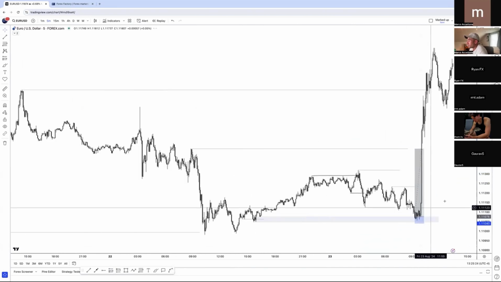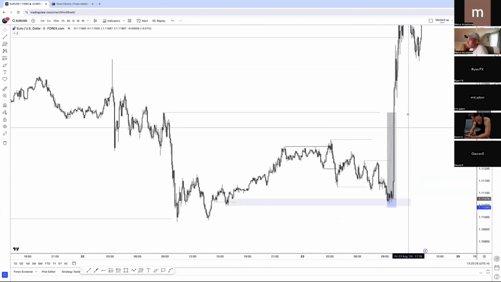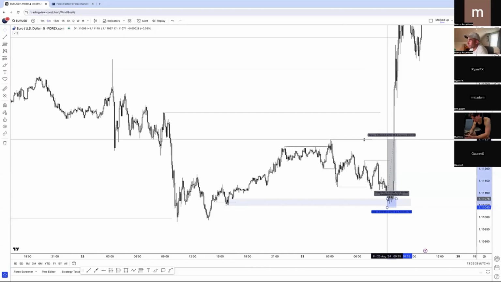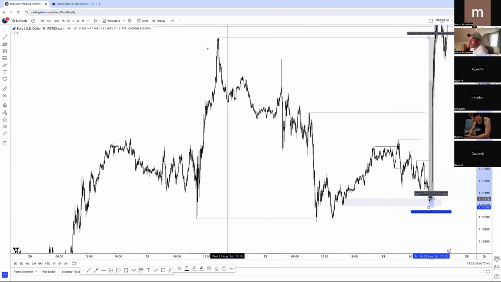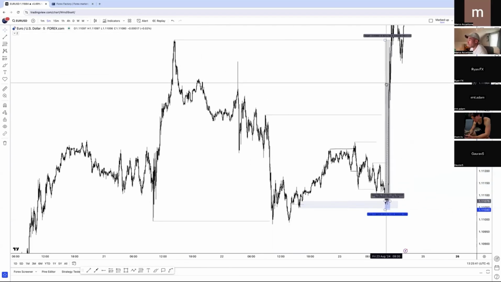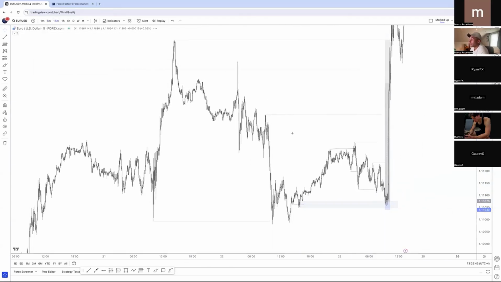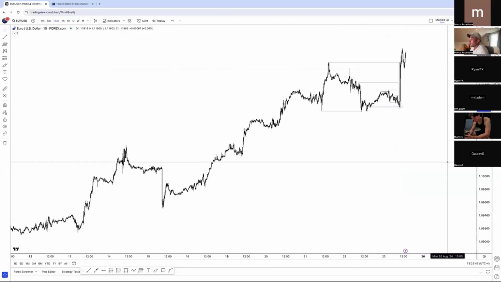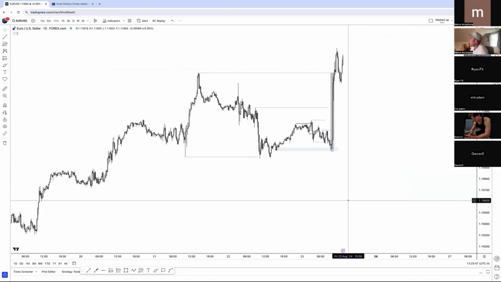There's your great partial point. If you want a partial here, you could have. There's a 1 to 6. I mean, why wouldn't you? 1 to 6 here. And then to the left, 1 to 9-ish, or almost 1 to 10. And then finally, last target at the structural point on the higher time frame, on the H1 at least, would have been 1 to 18, which is mental, but clean. Super, super clean.